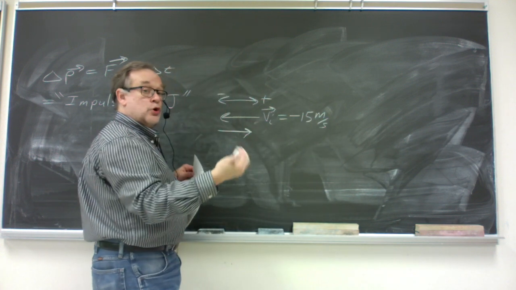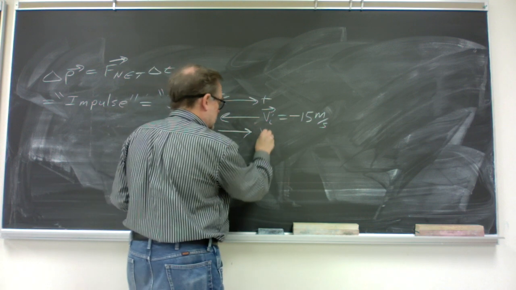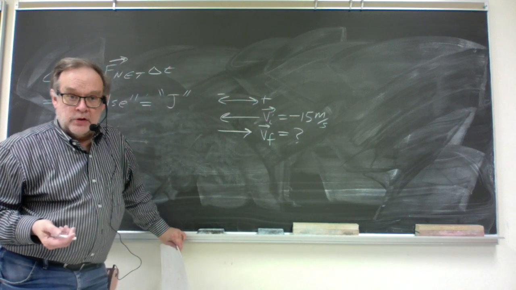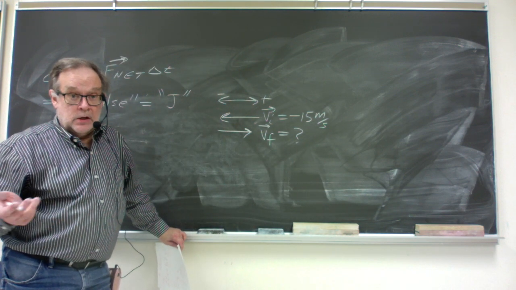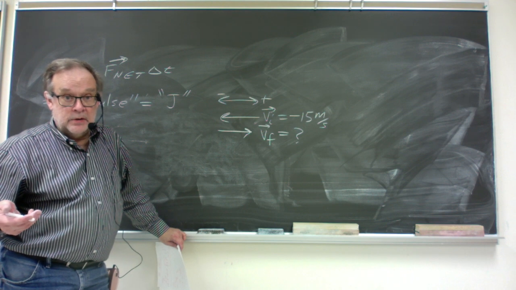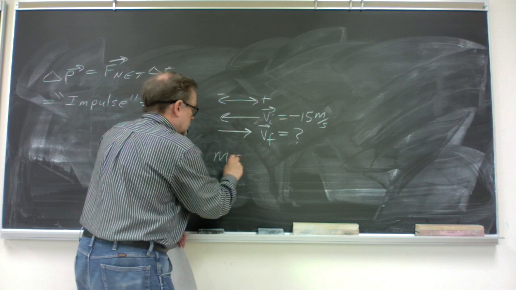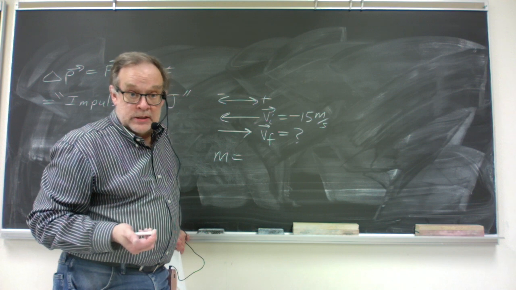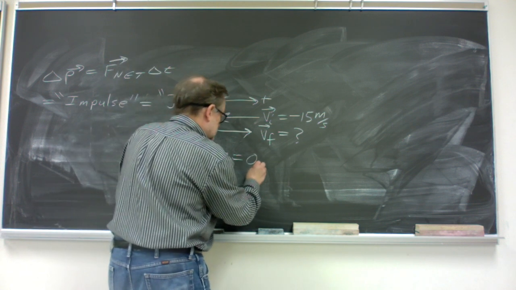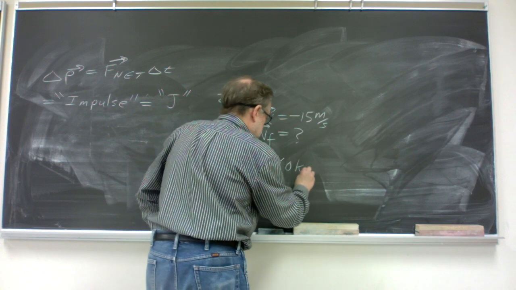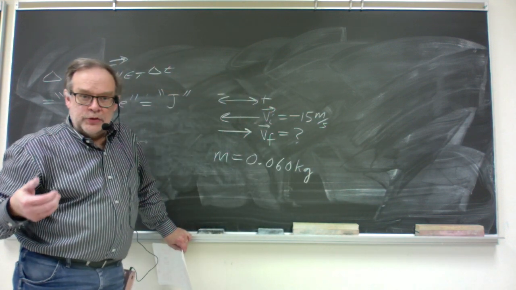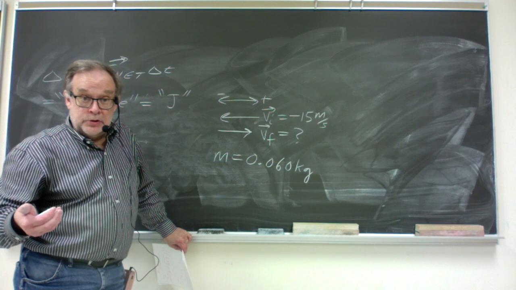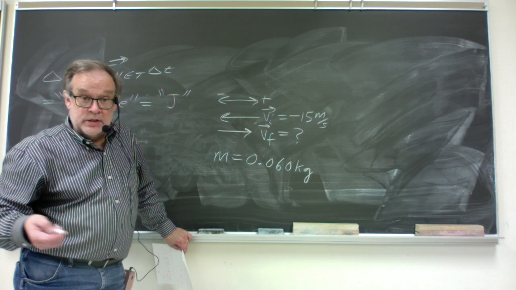And let's say we don't know the positive velocity, the final velocity, after it's been hit. But we can figure that out if we have the right kind of information. One thing, we need to know the mass of the ball. It's about 60 grams, which would be 0.06 kilograms. And we know what the force from the racket on the ball is like. We're able to draw a graph of force versus time.